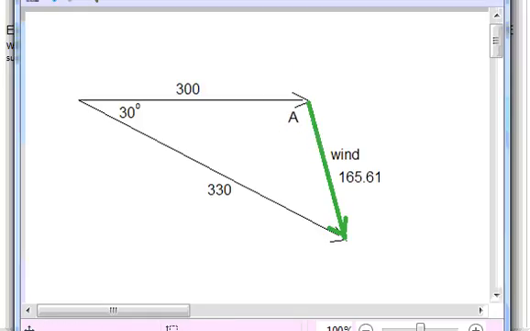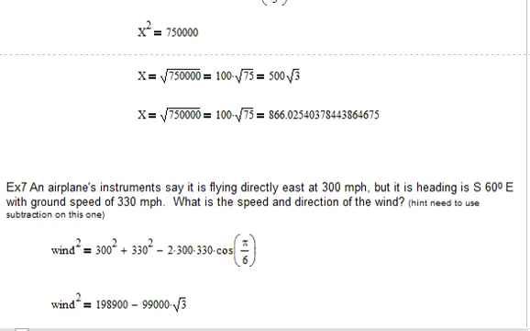How do we find this angle A? The easiest way would be to use the law of sines.